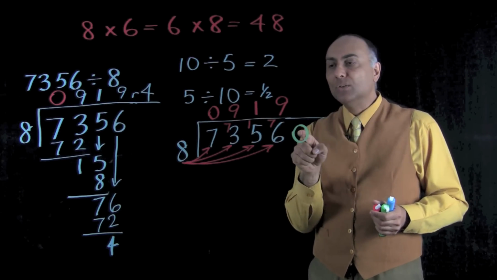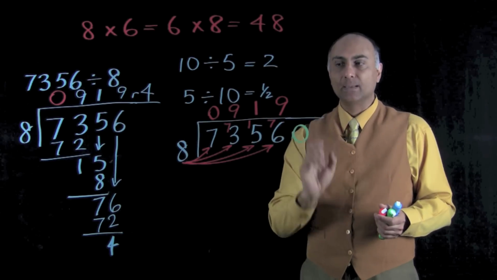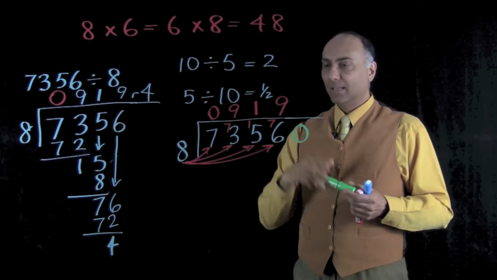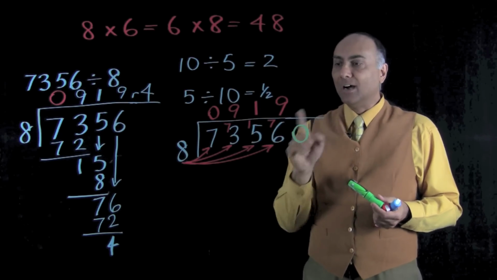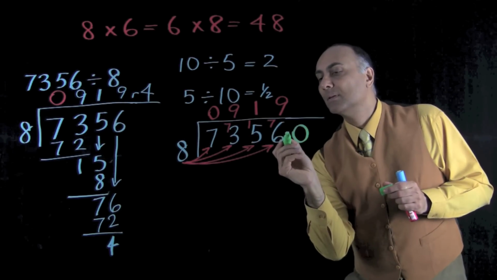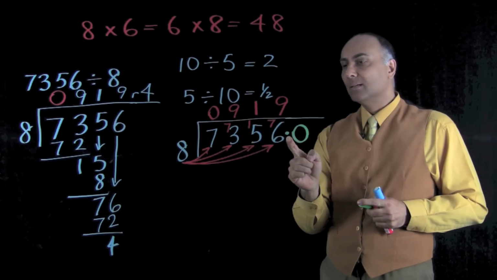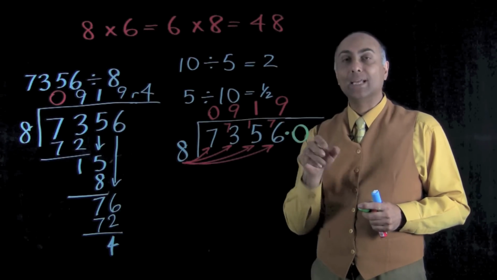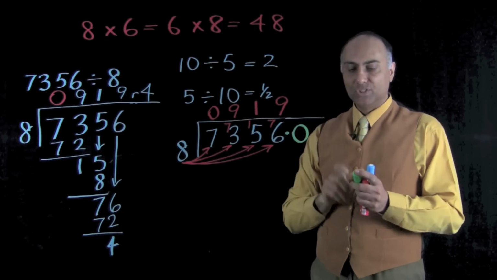But by writing a naught on the end, I've turned it into 73,560. I'm sure you know that the answer for overcoming this is very simple. You'll remember that the next thing that you write after the units column is always the decimal point. So now that I've written the decimal point in, I have not changed this number. All I've done is I've shown that the tenths column is empty. So I haven't changed the number.